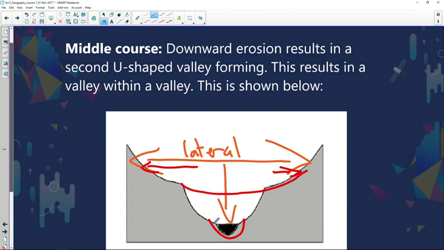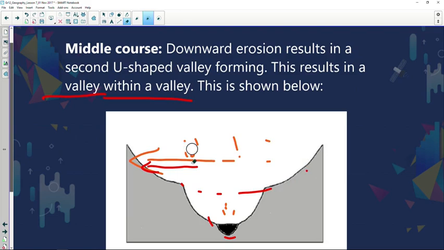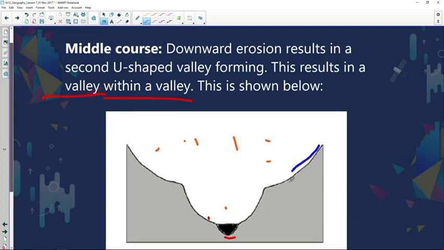And what's been created? A valley within a valley. So, if I can just quickly wipe this out over here. If you look at it, this used to be the middle course over here.